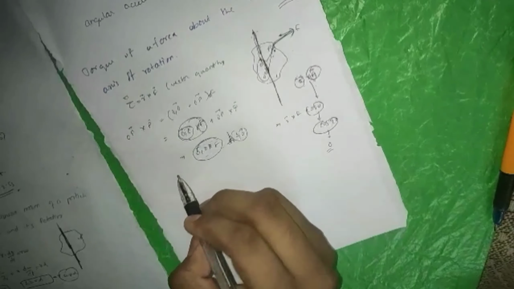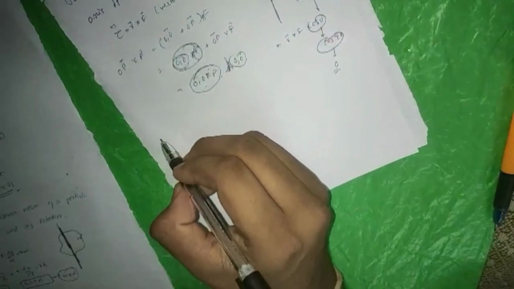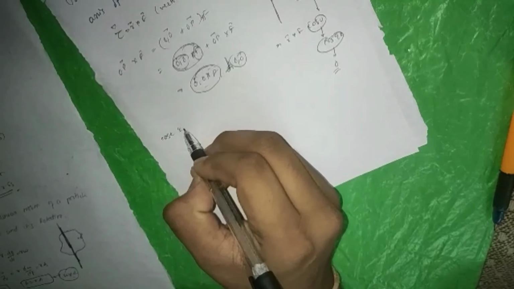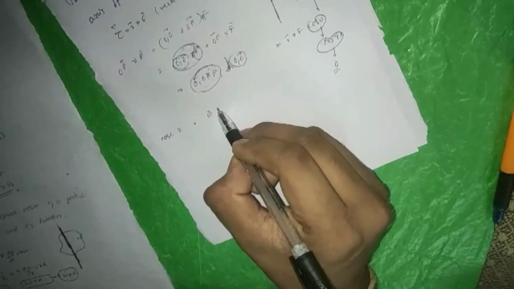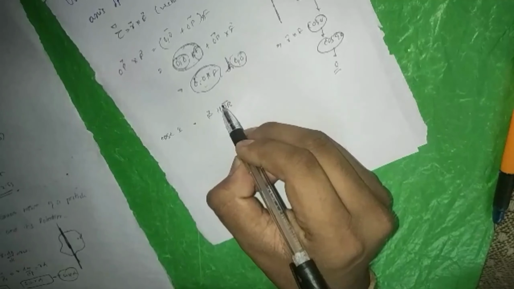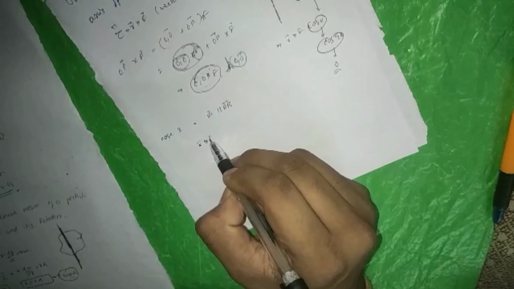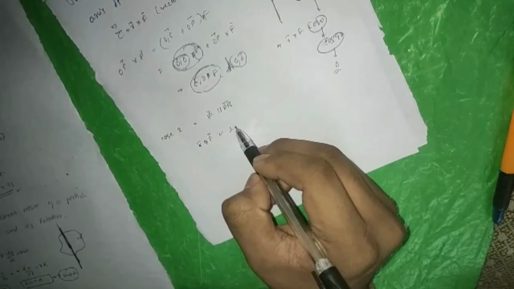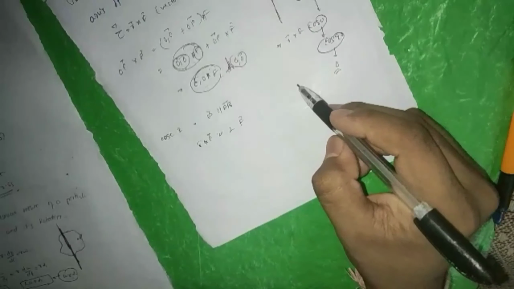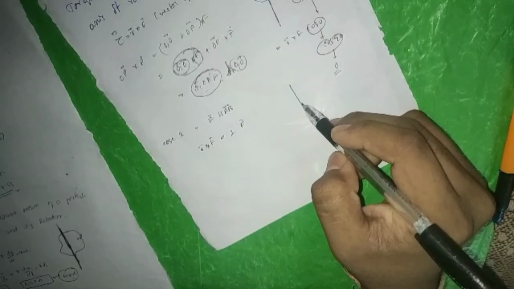Like this, there are some cases where torque is 0. Let's check those cases also. Case 1: when F bar is parallel to AB bar, then R bar cross F bar is perpendicular to F bar, right? Let this be the axis of rotation.